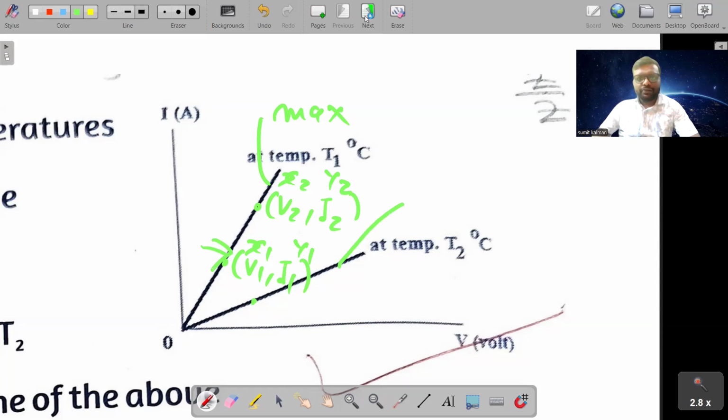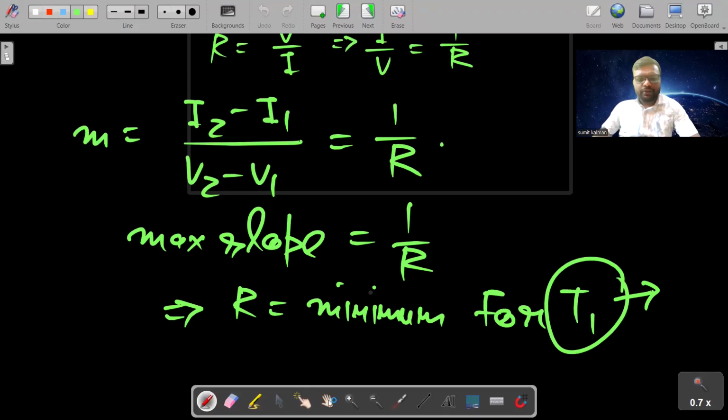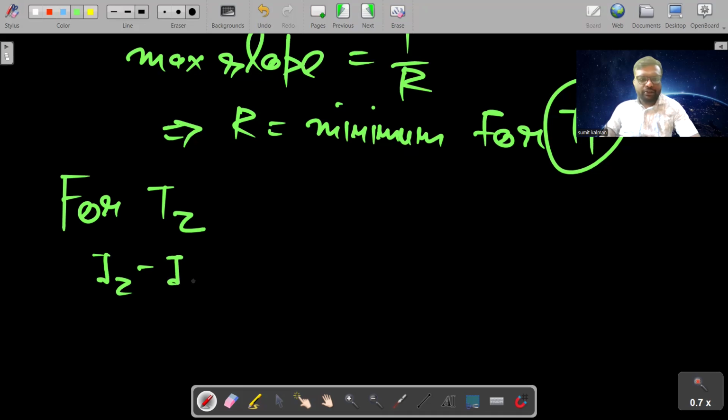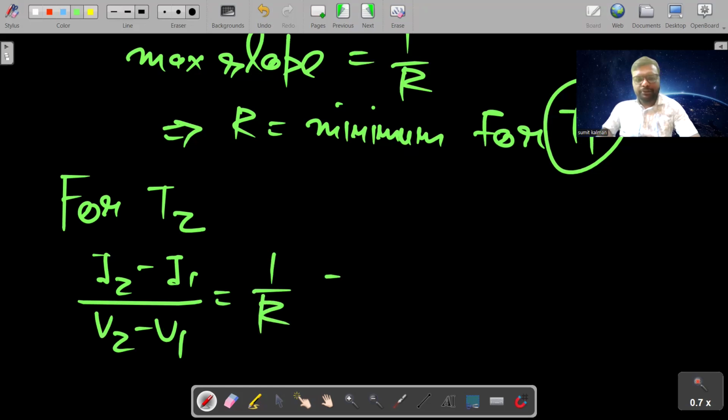So for temperature T2, slope, that is I2 minus I1 upon V2 minus V1, is equal to 1 upon R. So here slope is minimum.